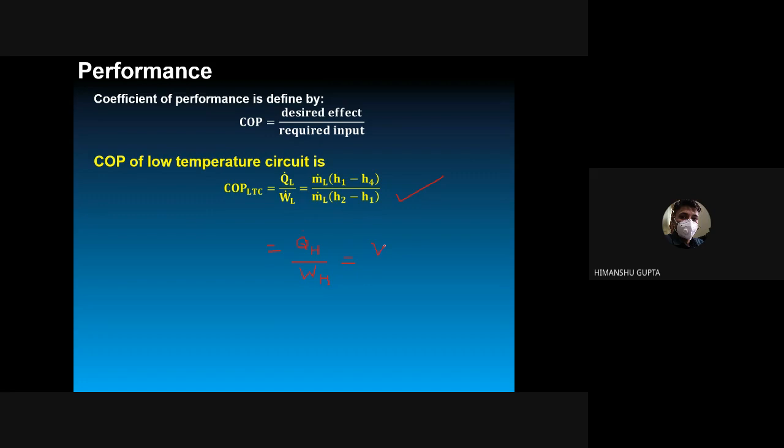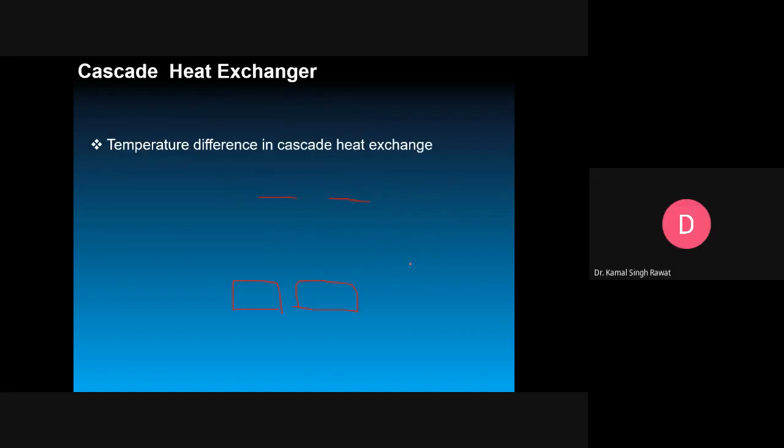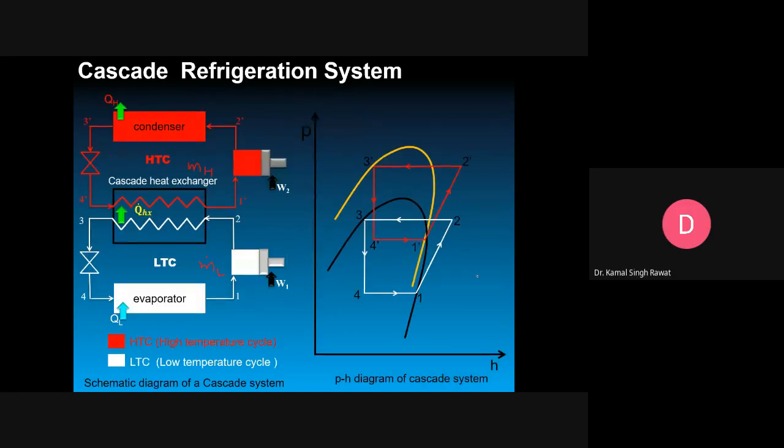M dot H (H2 dash minus H3). Write the cycle and tell me. H1 dash minus H4.